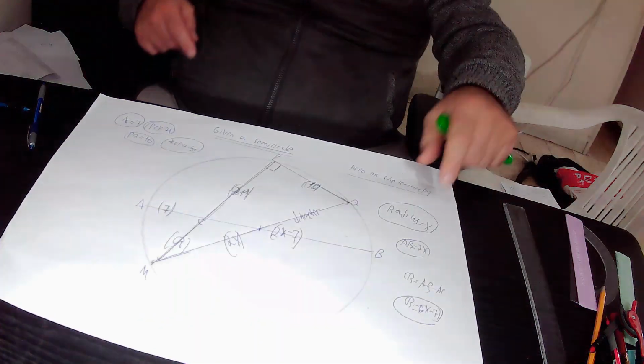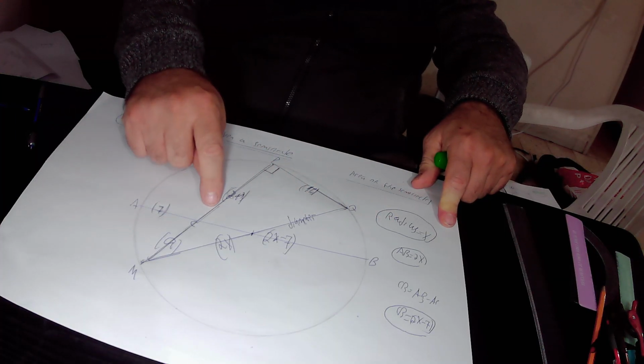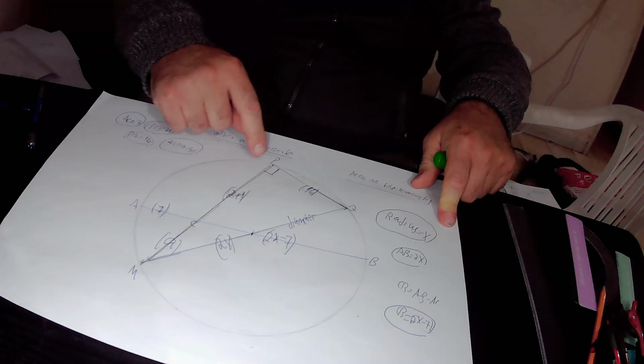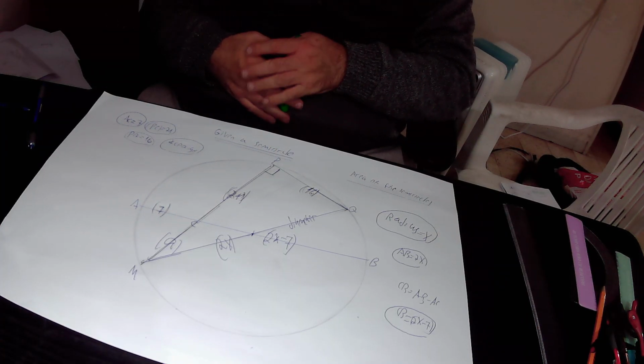So we can implement Rule 65 in our drawing. In our drawing, chord AB intersects with chord PM at point C, so all the requirements of Rule 65 are satisfied.